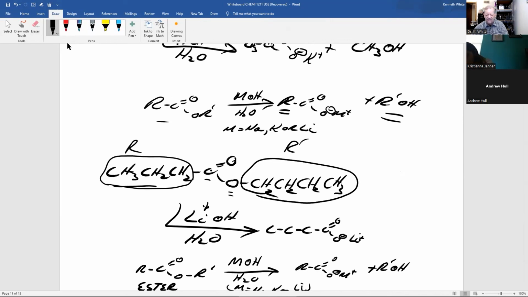Lithium, cation, and then my R prime, 4 carbons. Notice the N carbon of this N-butyl group is attached to the oxygen of the ester. So my alcohol will have the N carbon here. And that's how you do it.